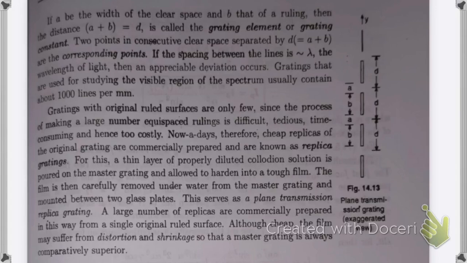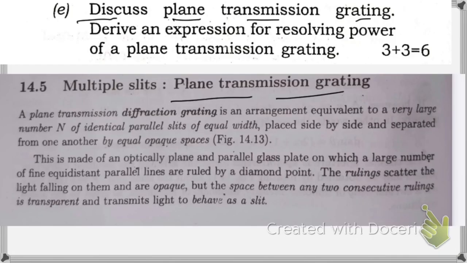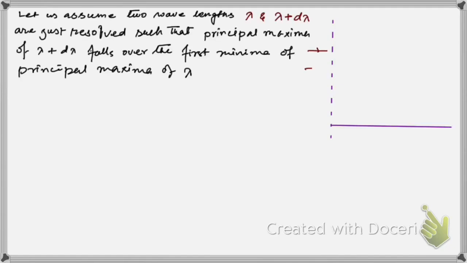Now let me go to the next part of this question, resolving power. I will explain this part. Resolving power of the transmission grating. Here you see a beam of white light incident on it. This is a ray of light making an angle theta m.